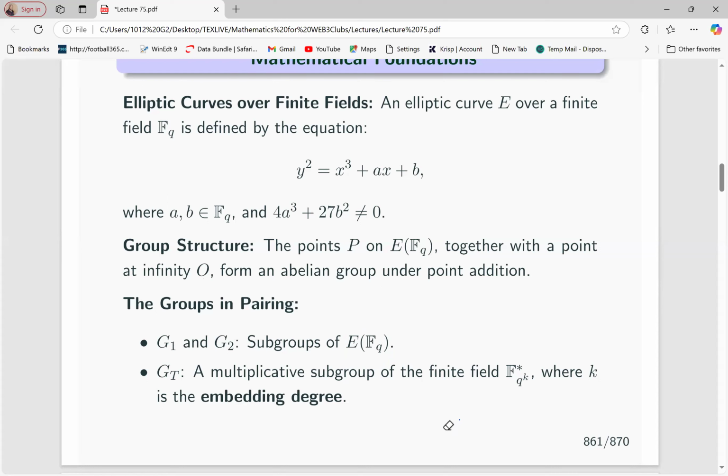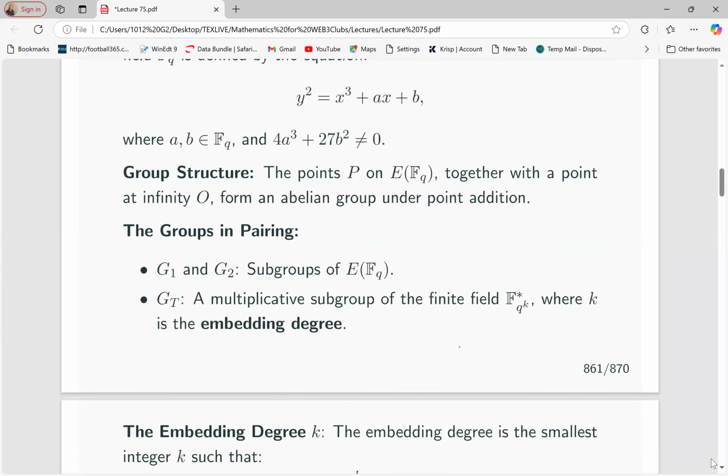So you need to know what an embedding degree is, and then how do you find it? That is what is very important. And today, of course, we'll look at a code that will be giving us this embedding degree. Once we are done with the embedding degree, then we end our lesson there today.